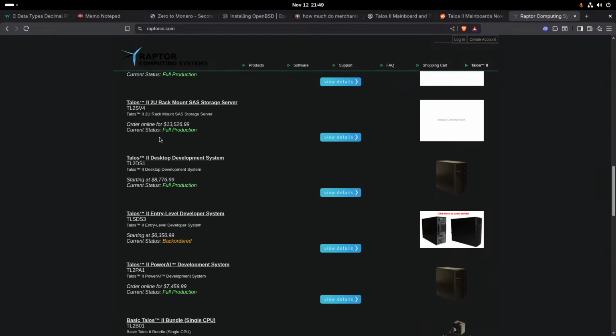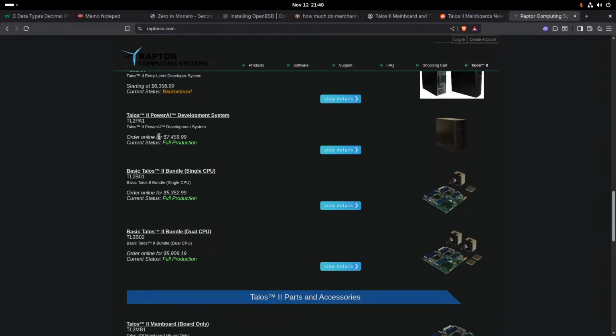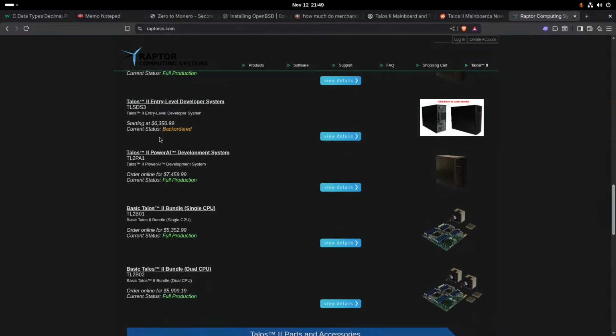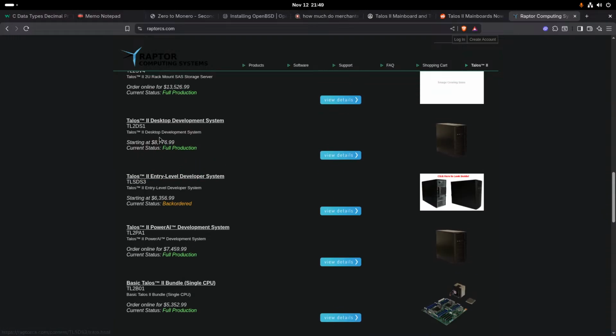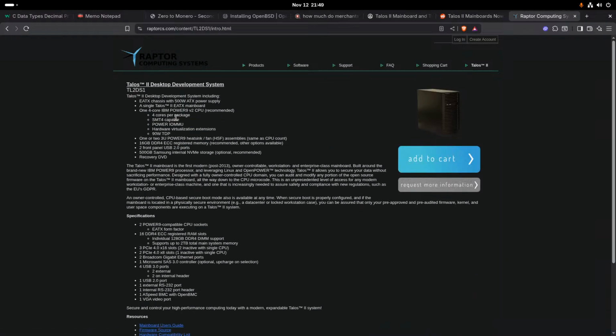I can't. It's cool though, an AI development system. Look, if I had like $8,000 to throw away, but 4 cores is complete ass. OpenBMC, I'd rather use OpenBSD.